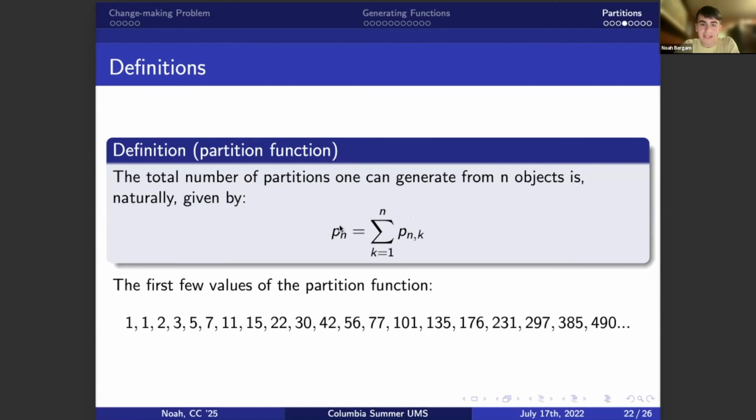The idea is that this Pn represents all the different ways you can split n objects into distinct piles. This is the thing we're most interested in here. The first few values of this partition function you can visualize below. It doesn't grow terribly fast.